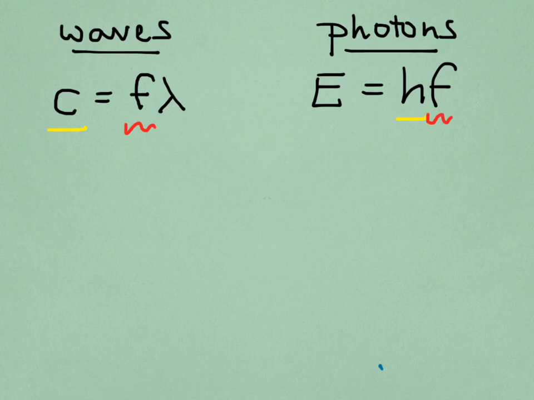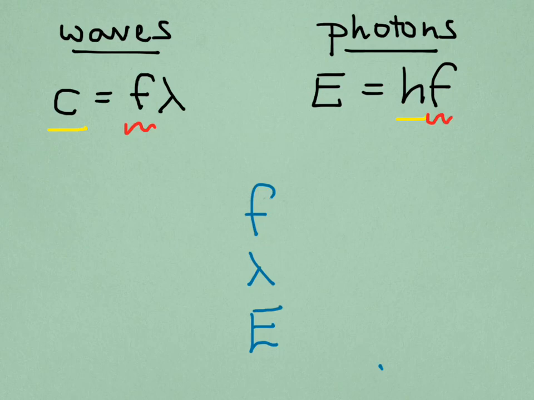Both equations have got f in them, the frequency. So if you start off with the frequency, from the wave equation that gives you a particular wavelength, since c is constant, and from the photon equation, that means each photon at that frequency has a particular value of energy.